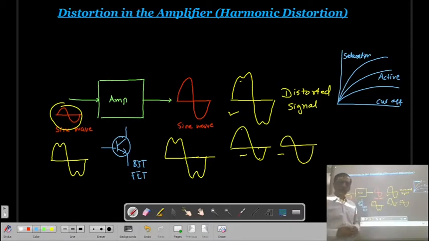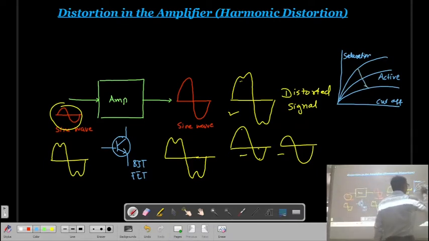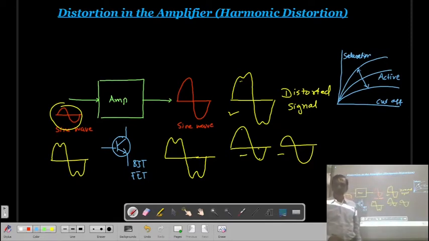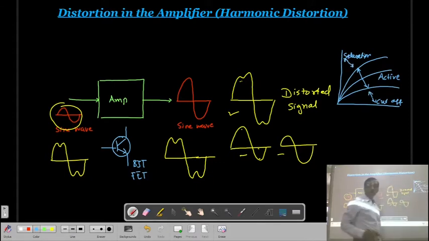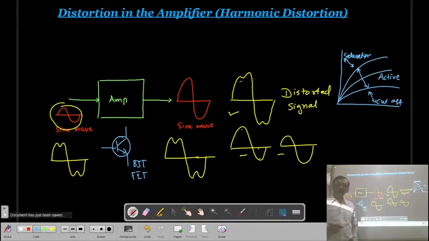Normally, if you are using a transistor as an amplifier, then you should use the active region, and the active region is almost a linear region. But if you have not biased your transistor properly, and if you are using this portion or this portion of the characteristic curve, then the distortion is going to be introduced by the amplifier.